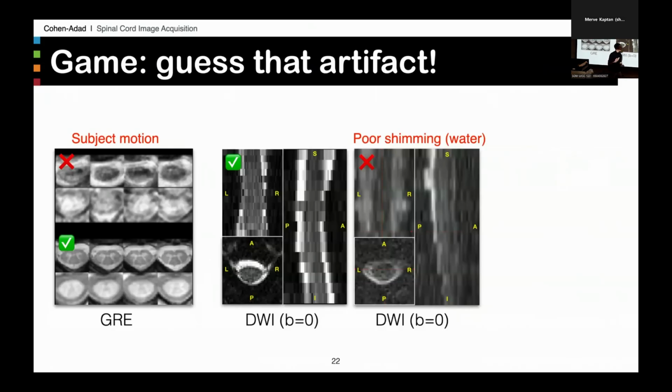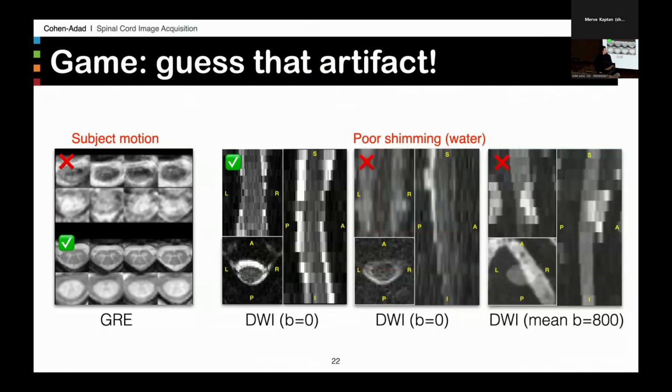The problem with poor shimming is that because we have a strong offset in the field, the fat-sat is actually saturating the water. So we saturate the water, we get less signal, and as a result our fat-sat is also much less efficient. And so you end up with these kinds of images.